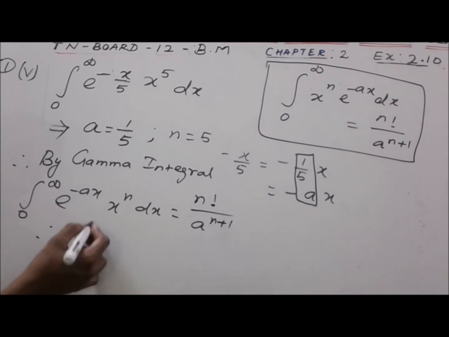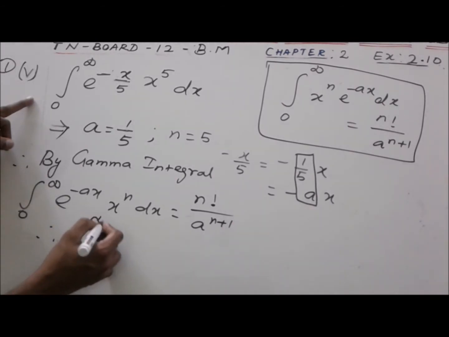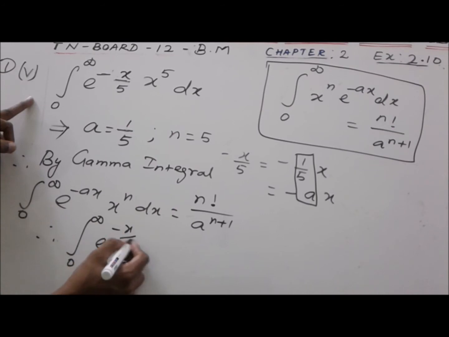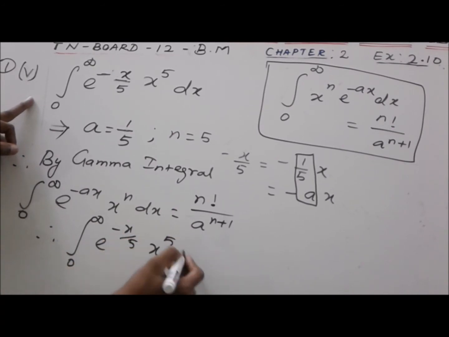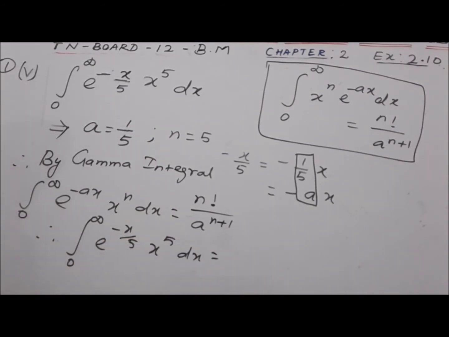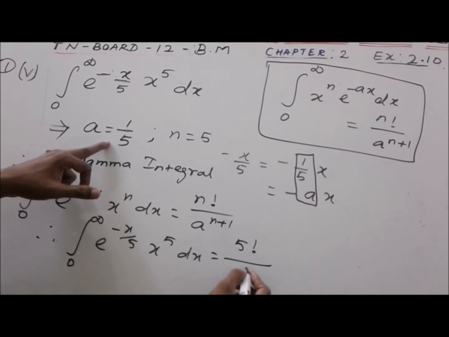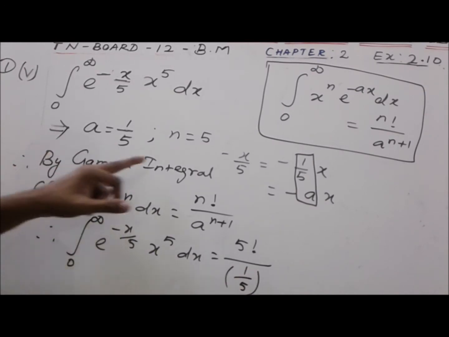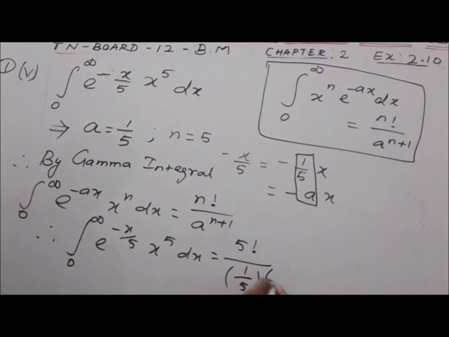And therefore the given integral 0 to infinity e to the power minus x by 5 x power 5 dx is equal to n factorial, 5 factorial, divided by a power n plus 1, where a is 1 by 5 and n plus 1 means 5 plus 1, 6.